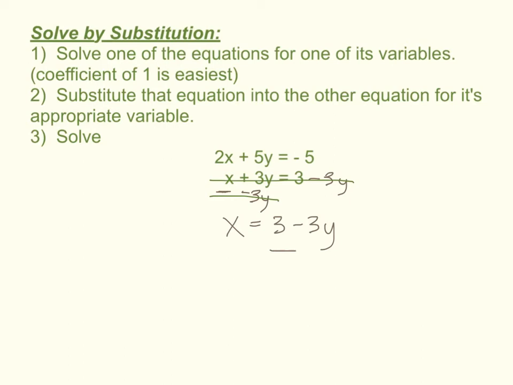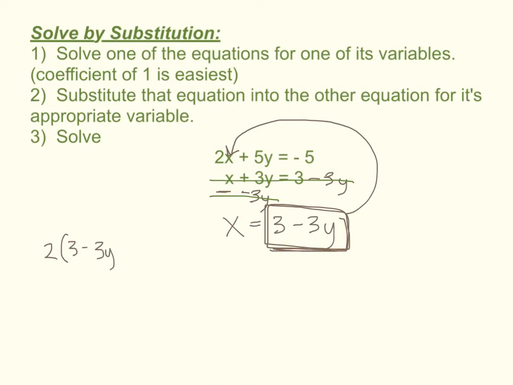So if x equals 3 minus 3y, I could plug in 3 minus 3y for any x I want, because 3 minus 3y equals x. I'm going to go into the other equation and plug it in for x. So instead of 2 times x, it's 2 times (3 minus 3y) plus 5y equals negative 5. So you plug an entire equation into an entire other equation for substitution.